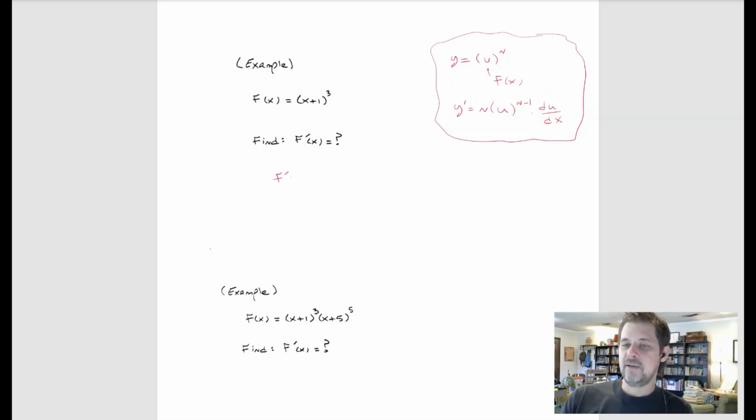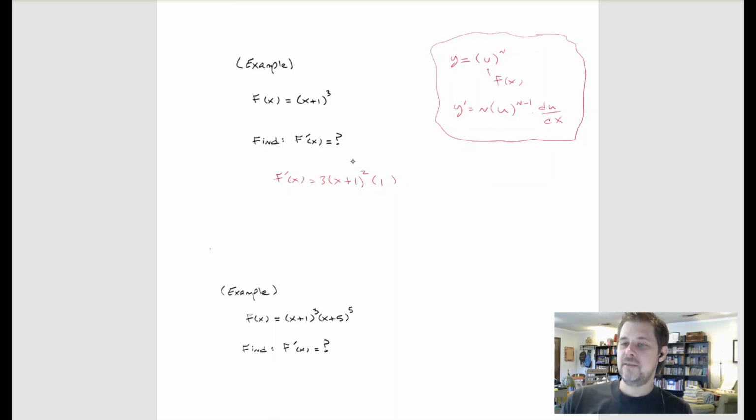Now, f prime is, let's see, bring the power down, 3 times u, which is x plus 1 in this case, subtract 1 from the power, that becomes 2, and then what goes here is du over dx, the derivative in this case of x plus 1, which would just be 1.